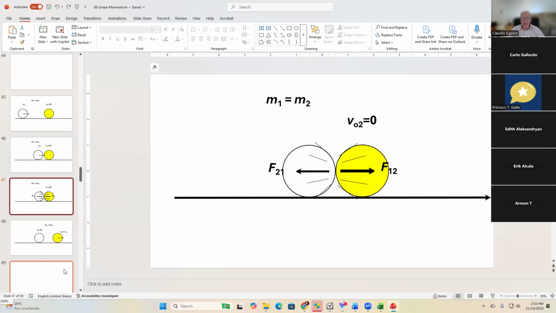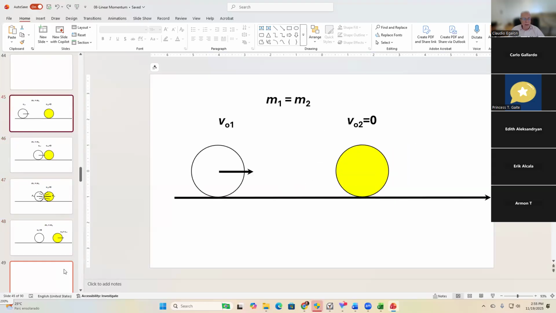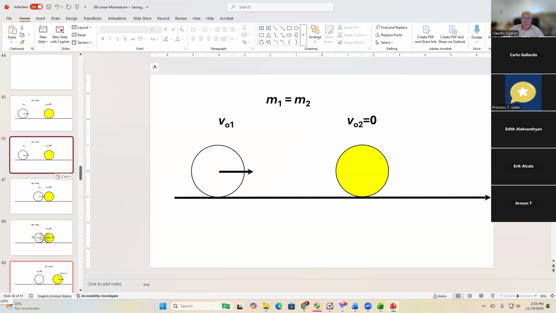This force decelerates the first object and brings it to a full stop. And then the second object takes off with the same velocity that the initial object had. We can prove that mathematically using conservation of linear momentum and conservation of mechanical energy.